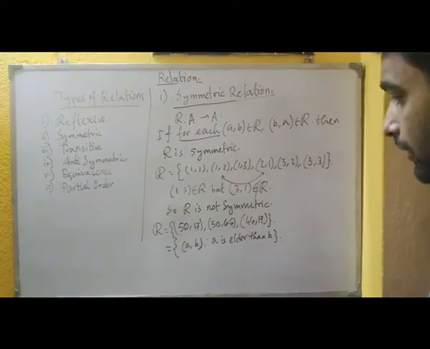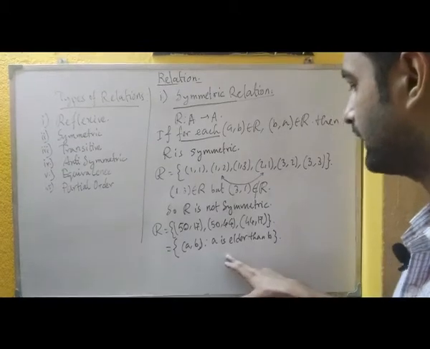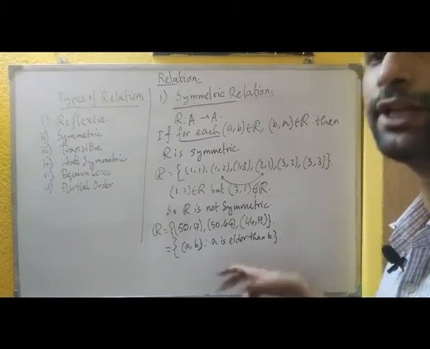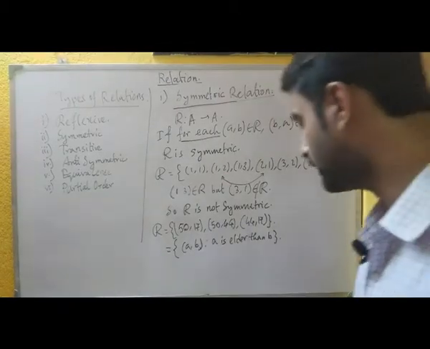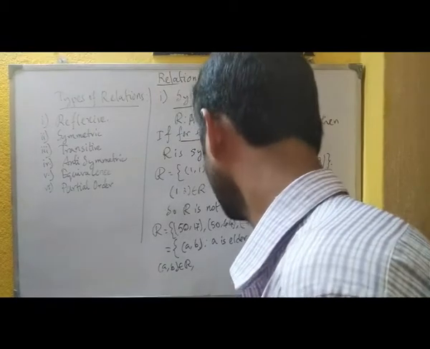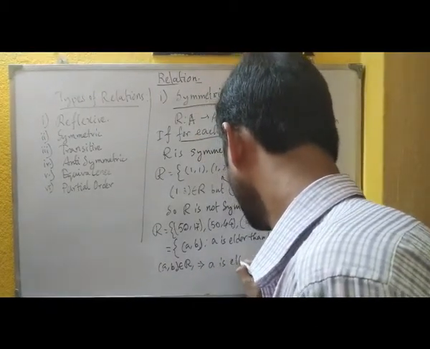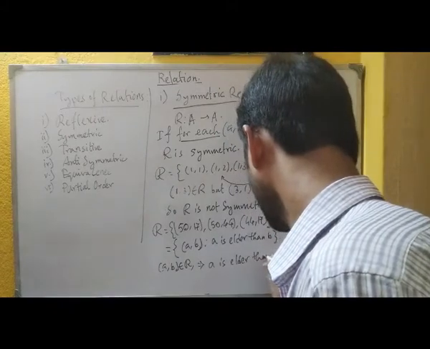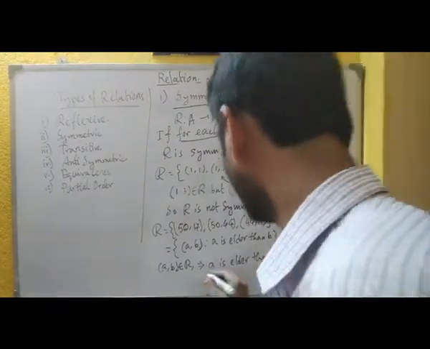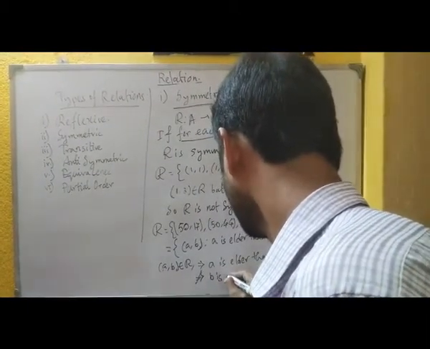So for this kind of relation, see, if (a,b) belongs to R, then we say a is elder than b. Now if a is elder than b, then b cannot be elder than a. So if (a,b) belongs to R, it says that a is elder than b. Since a is elder than b, this cannot imply that b is elder than a.